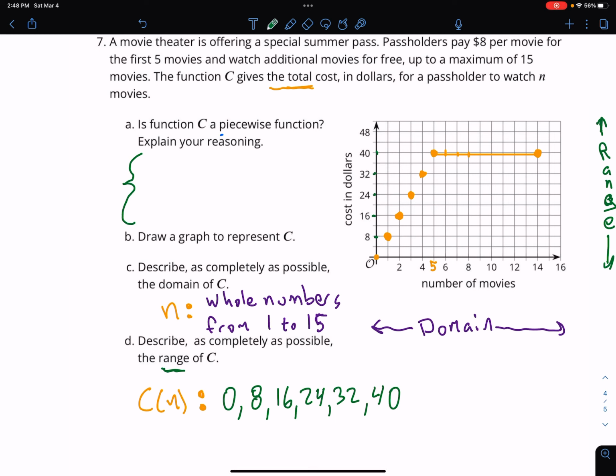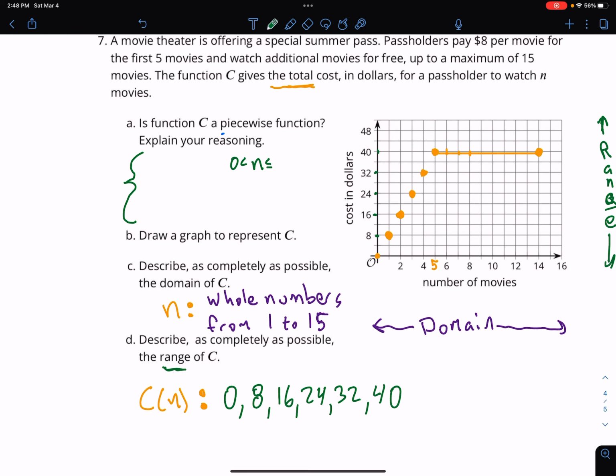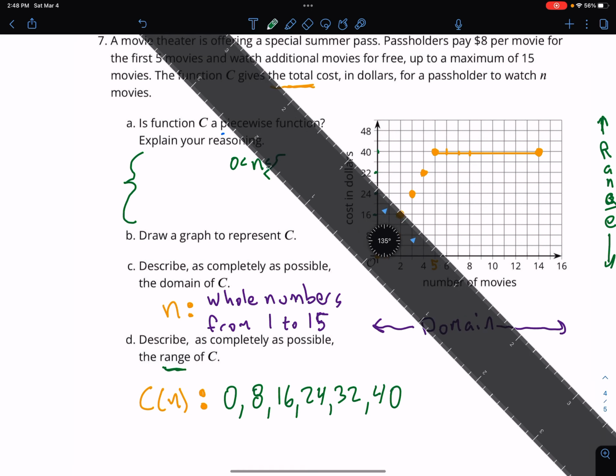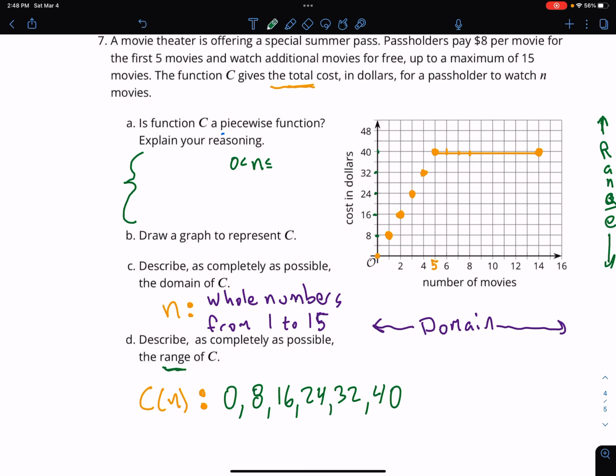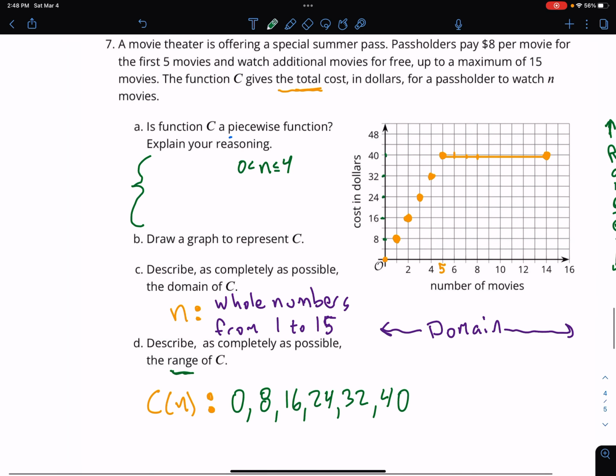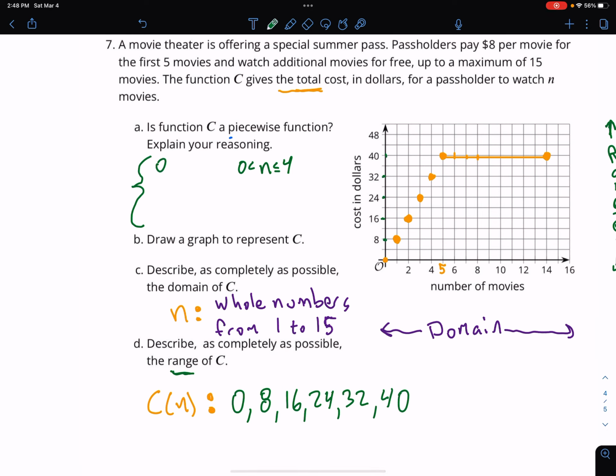But what we got here is, if n goes from 0 up to 5, or technically 0 up to 4, you're going to pay 8 times the number of movies.